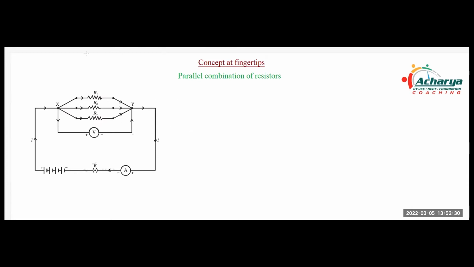So what we can see is this current I, when it reaches here, is going to split into 3 currents. Let's represent the current as I1 in the first resistor, I2 through the second resistor, and I3 through this branch, that is the third resistor.